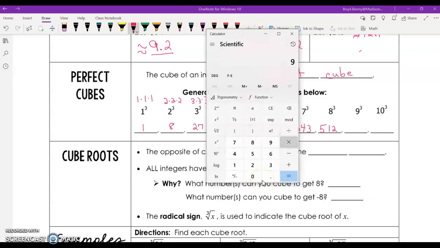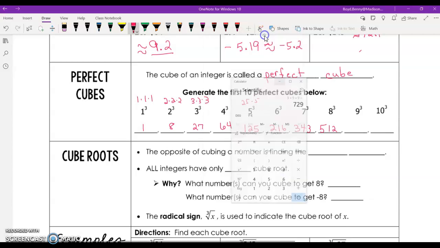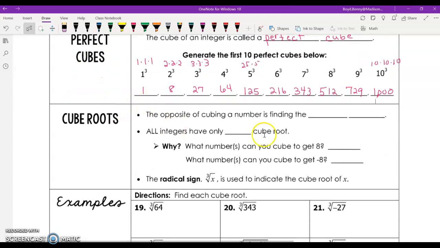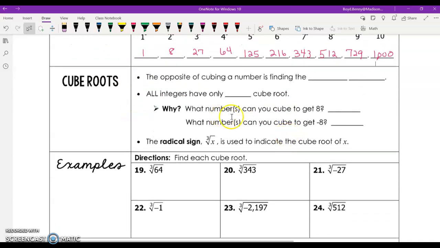That's going to be 9 times 9 times 9, which is 729. All right, now this 10 power, this is really easy, because 10 to the third power is going to be 10 times 10 times 10, or a 1 with 3 zeros behind it. Okay, so 1,000.